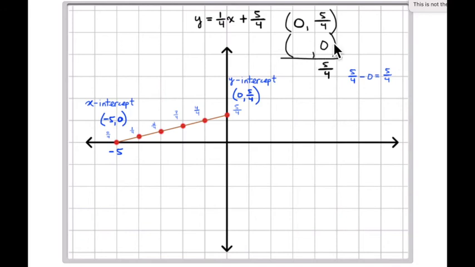So to figure out the slope, it is the number of units along the vertical side of a triangle, or the vertical change, which is from this point to this point, you're moving 5/4. That has a length of 5/4. So 5/4 minus 0 gives you a vertical distance of 5/4.